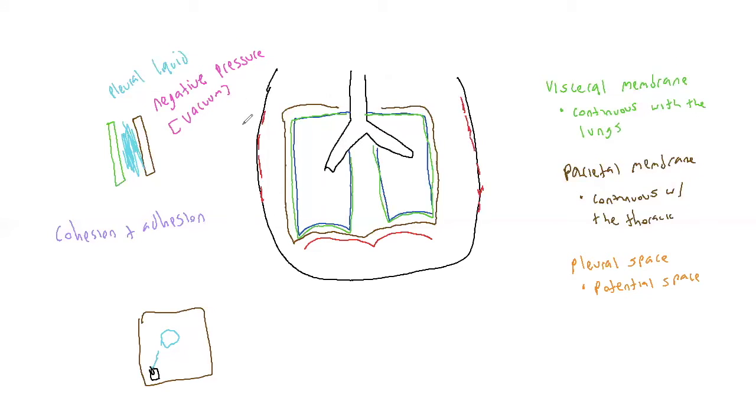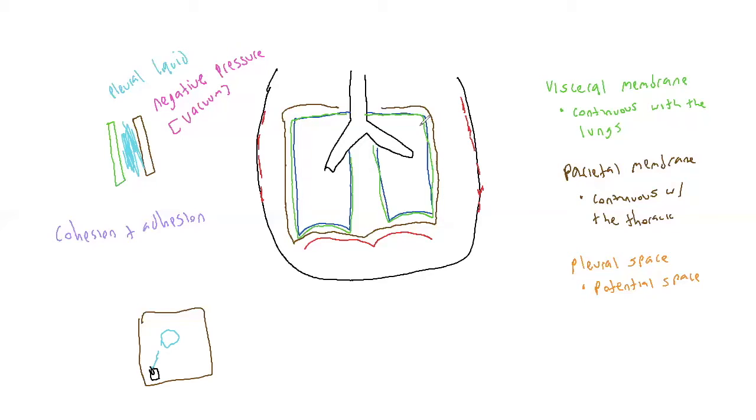So what this negative pressure is doing is it's basically keeping the two pleural membranes sticking to each other. I know I didn't draw this to do it justice, but the parietal membrane is basically continuous with the walls of the thoracic, which includes the diaphragm and the intercostals. When the diaphragm contracts and the intercostals expand, it's going to pull along the parietal membrane with it.